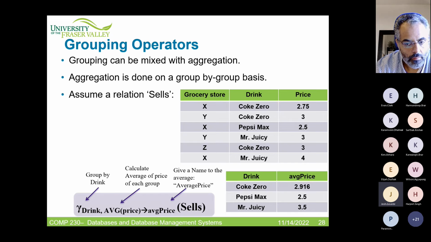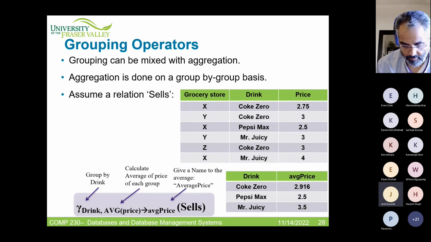Would there be all three of them with the same average price? No, when you say average price, it is the average for a group, not for one of them. The name of the group is Coke Zero, but we have 3 items in this group. So we are going to calculate the average for these 3 items. So we consider duplicates here. If you don't consider duplicates, then we will not consider the 3 values.